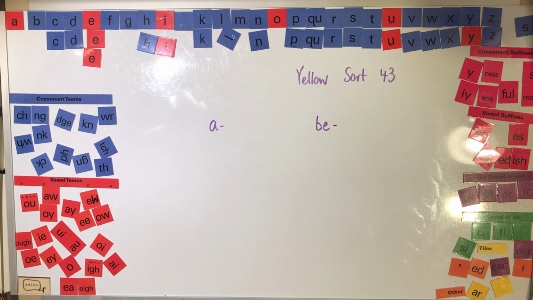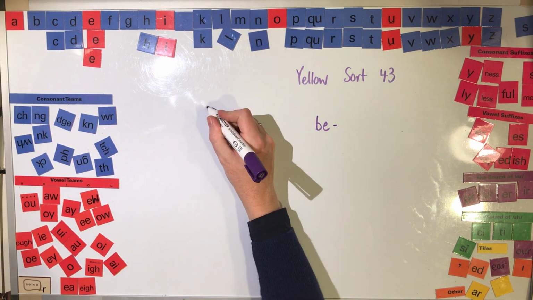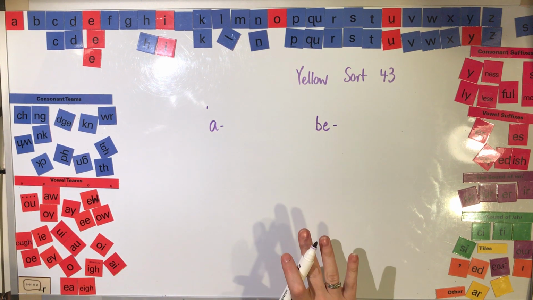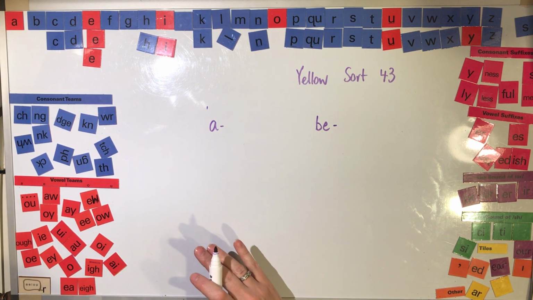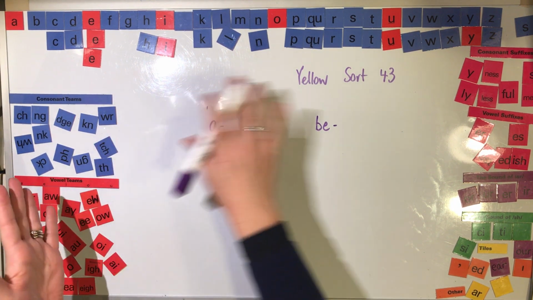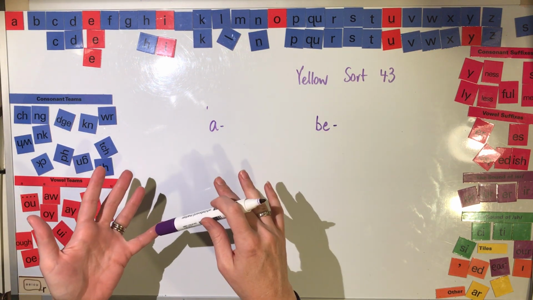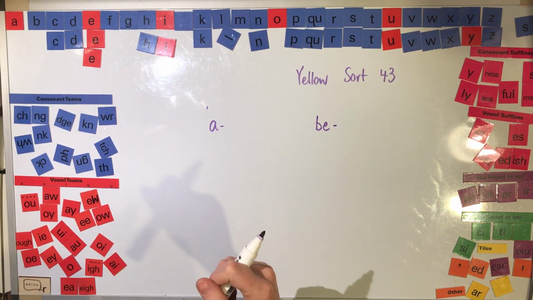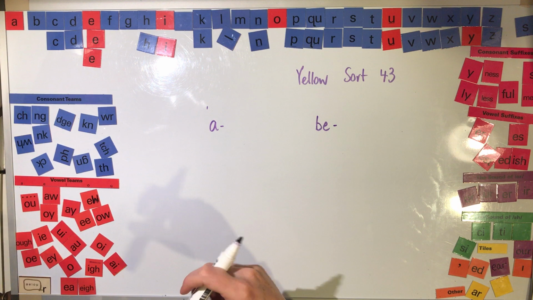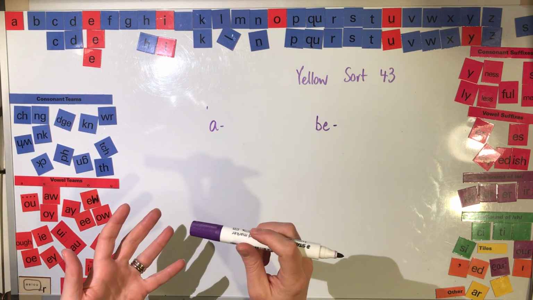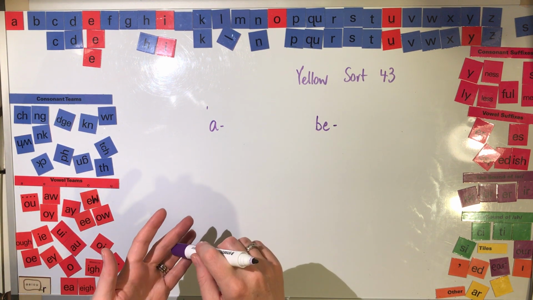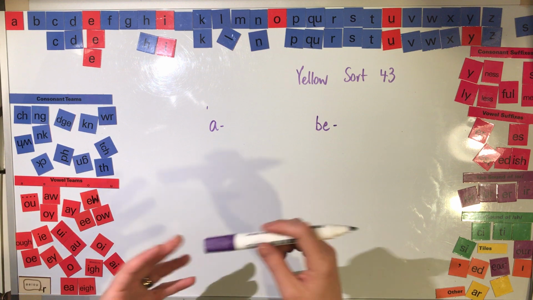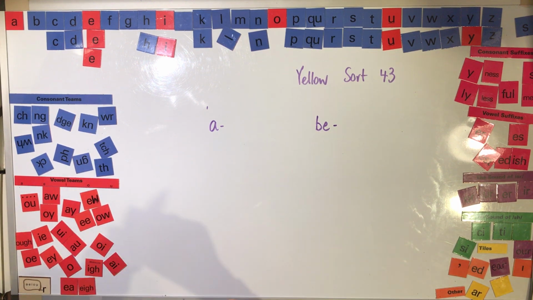That's the most sounds that any letter makes in the language, by the way. Most letters are limited. A lot of letters will just make their name sound and their short sound, and then very few letters make maybe 3 sounds. So A is quite unusual in the way it makes 5 sounds.